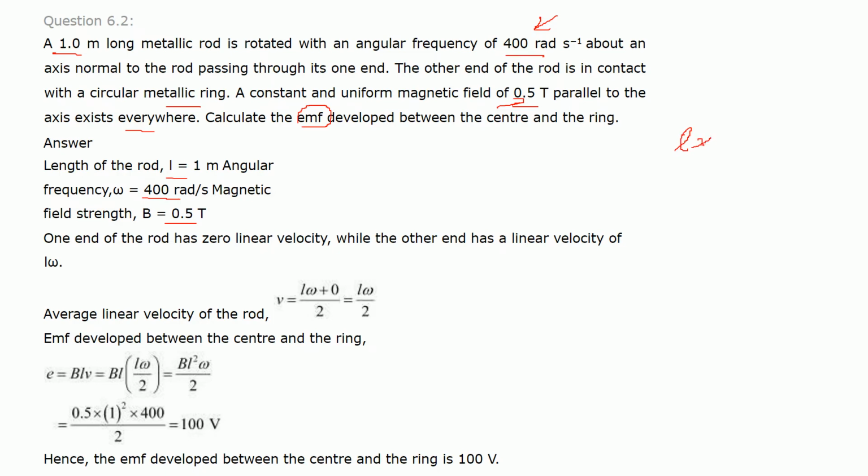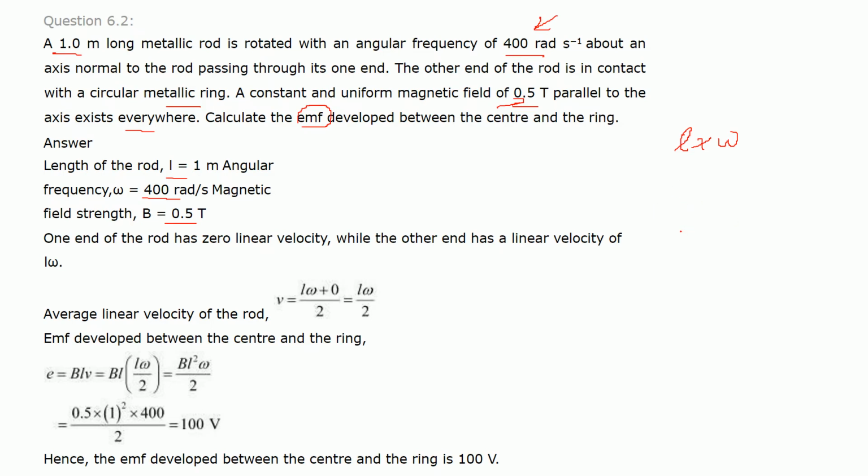Length into omega. See, there is a long metallic rod rotated with angular frequency, and the axis is normal to the rod passing through its end, right? One point will have zero linear velocity, but the other end will have L omega. So what will be the average velocity?